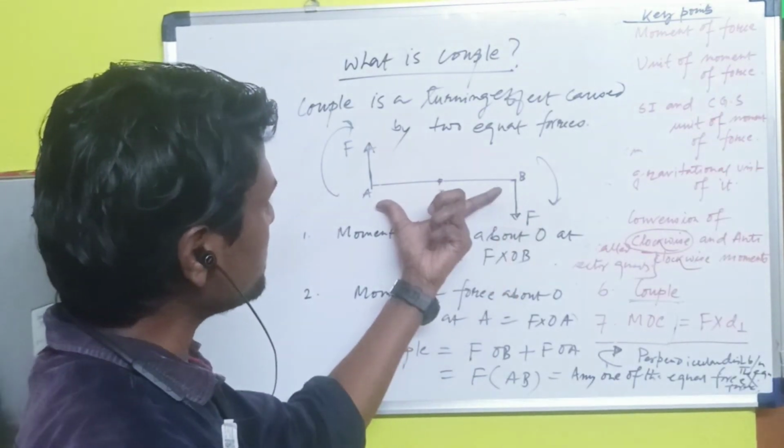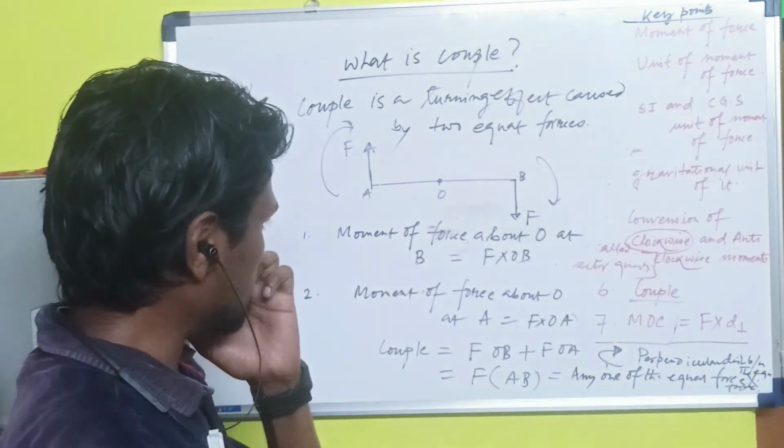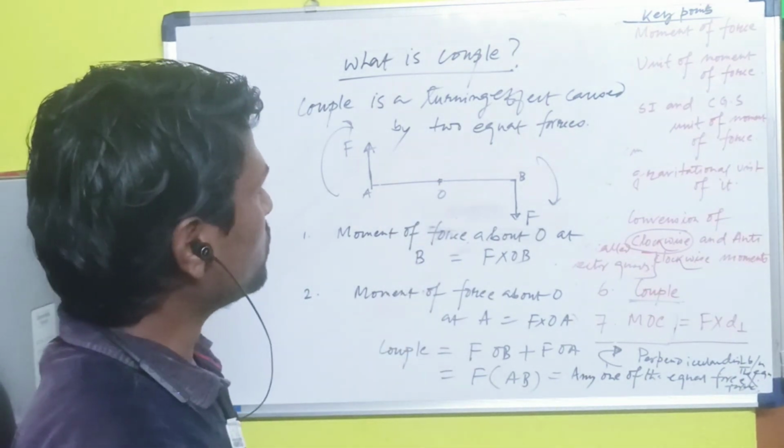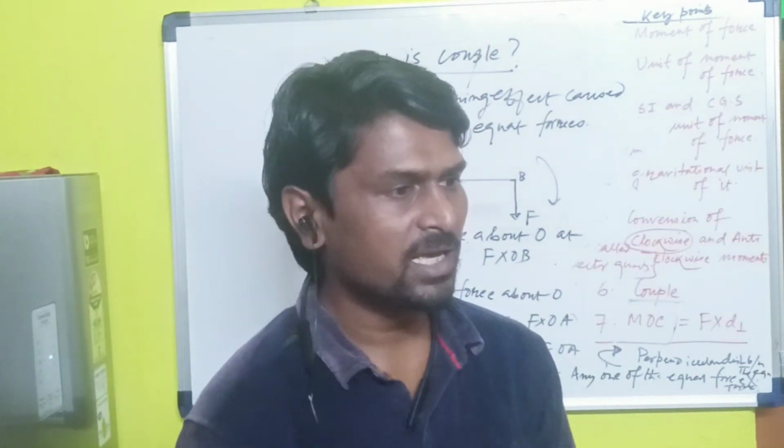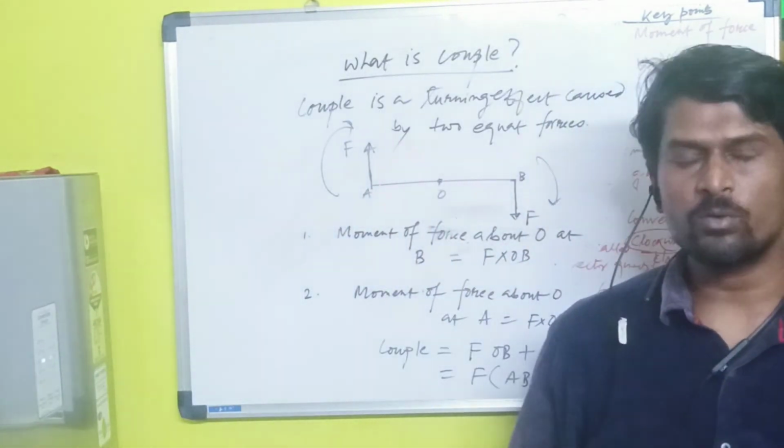AB is this distance. So all the points are completed. Wait for the next class, which is on equilibrium. Thank you.